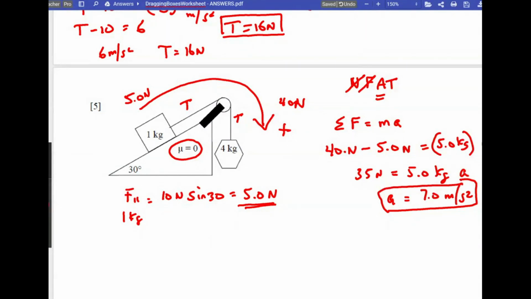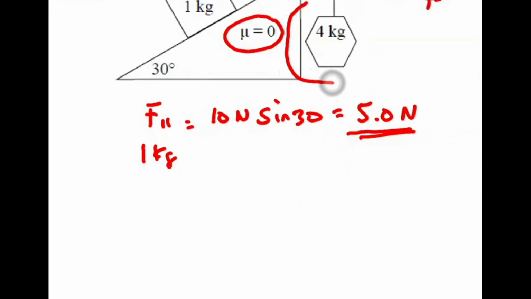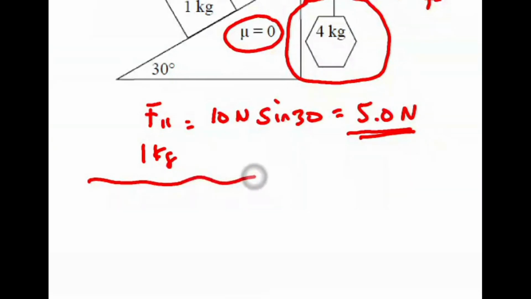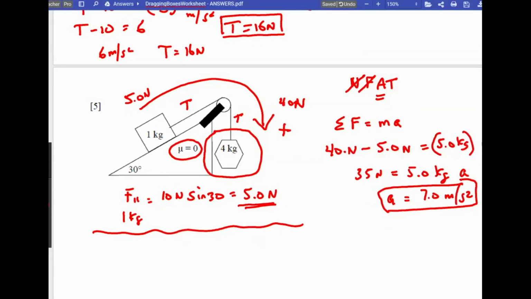Now we isolate. I think it's a heck of a lot easier if we isolate on this and have tunnel vision. So we isolate on that and we do F equals ma on that. So the sum of the forces in the y direction equals ma in the y direction. So what are the positive forces?